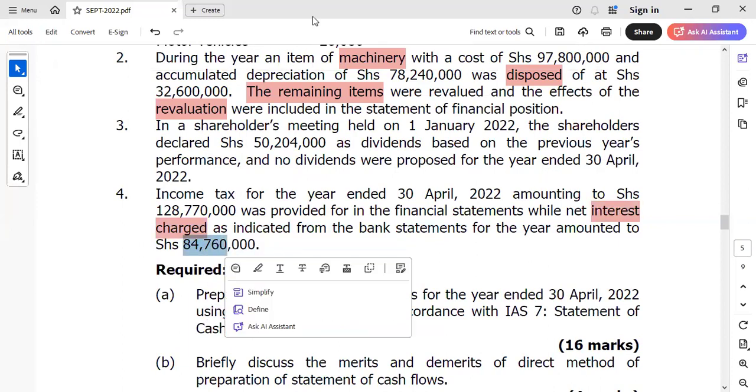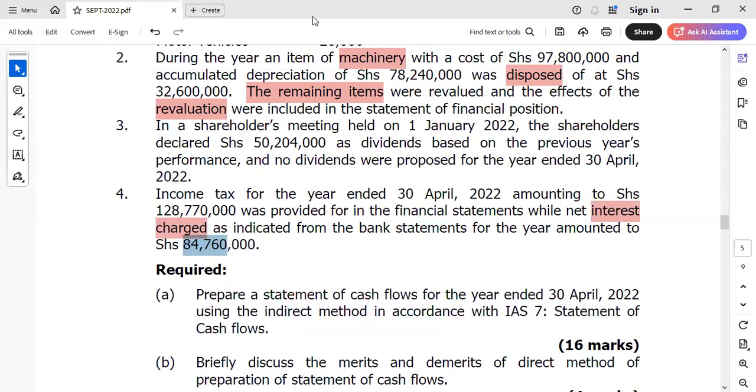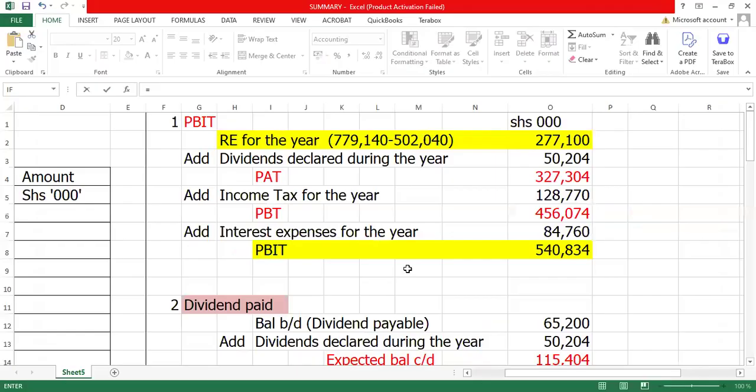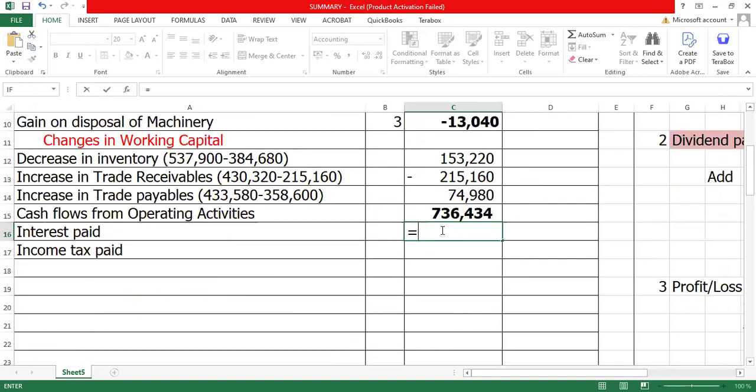When we were getting profit before interest and tax, we added the interest expense, that one. So it's what you're going to bring here. Put it here. Remember, interest paid is a negative. That is a cash outflow. Then what is our income tax paid?